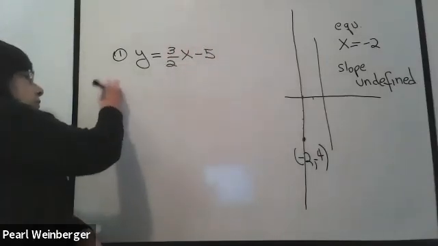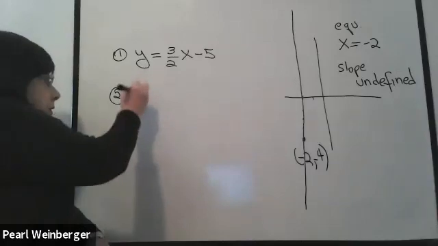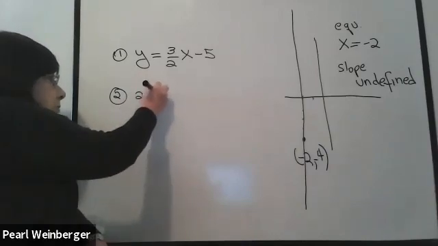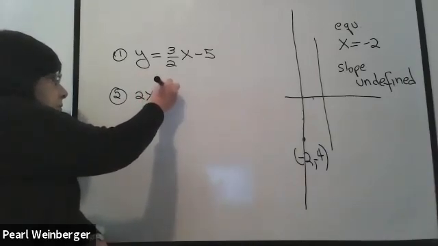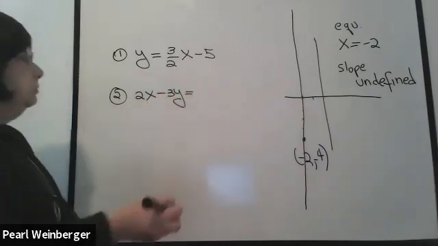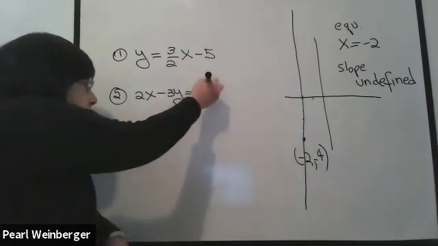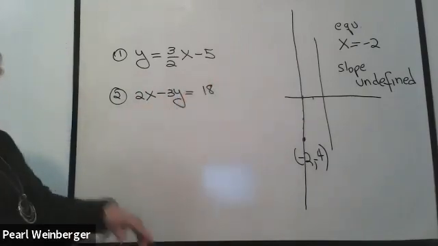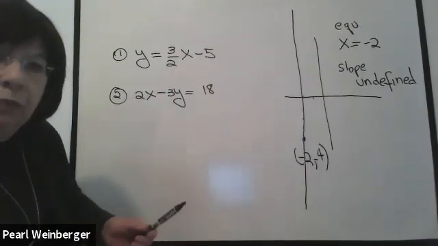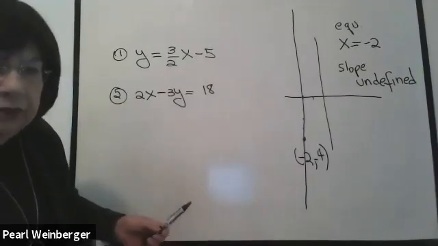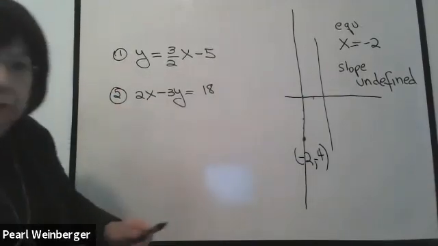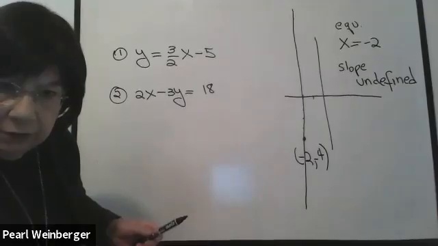And here's the equation of line 2. 2x minus 3y equals 18. Okay? I'm going to give you a minute to find the slope of each of these lines. I want somebody to give me the slope of line 1 and somebody else to give me the slope of line 2. I'm going to give you a couple minutes to do that.